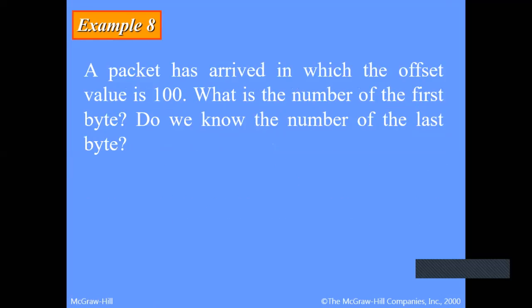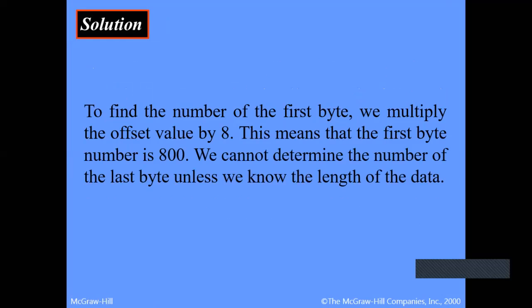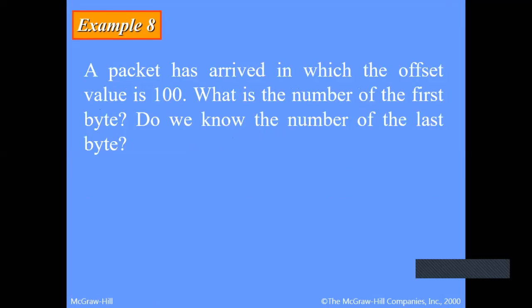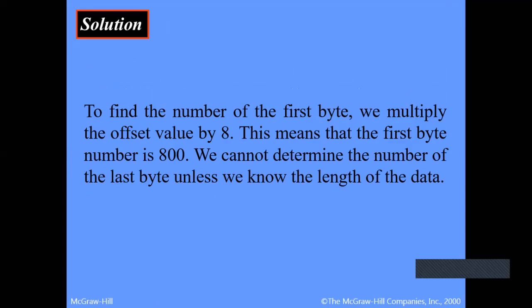The offset value given is 100. To find the number of the first byte, we multiply the offset value by 8. The offset value here is 100. Multiply it by 8, which equals 800. This means that the first byte number is 800. Clear? We cannot determine the number of the last byte unless we know the length of the data.